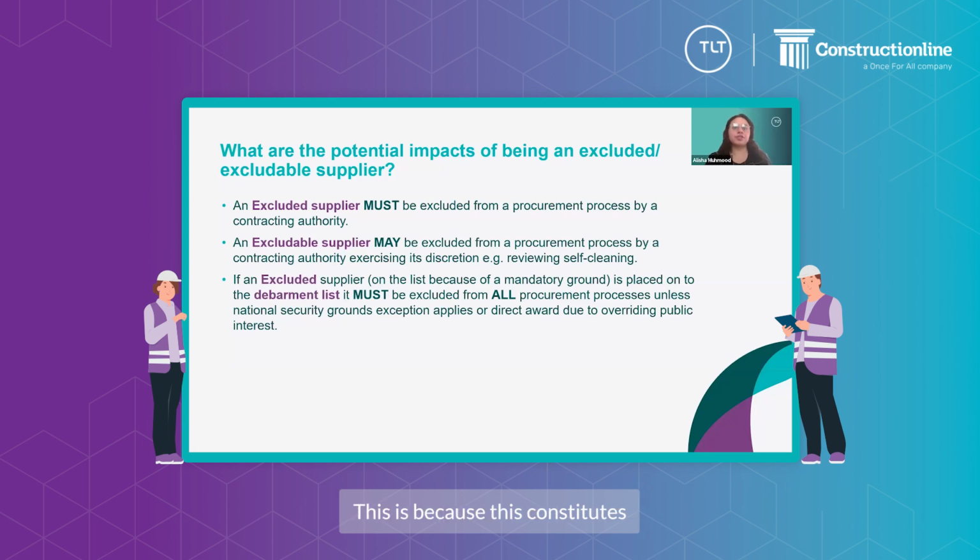This is because this constitutes an overriding public interest. And so authorities are able to award a contract to an excluded supplier by virtue of a direct award, where there is an overriding public interest. And one of these limbs is the construction or maintenance of critical national infrastructure, amongst other elements.